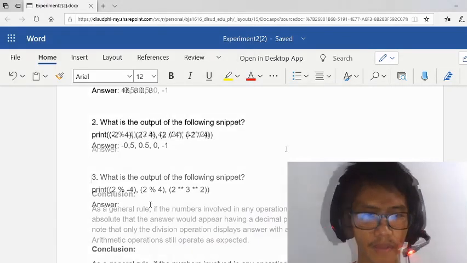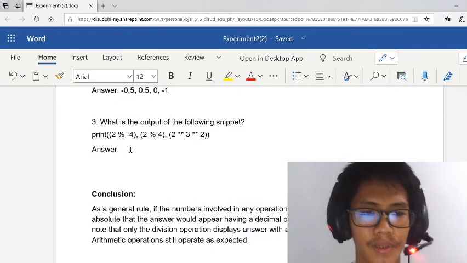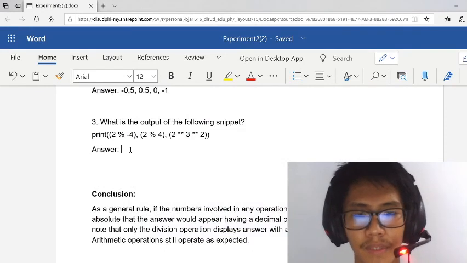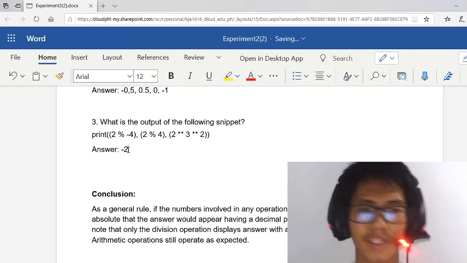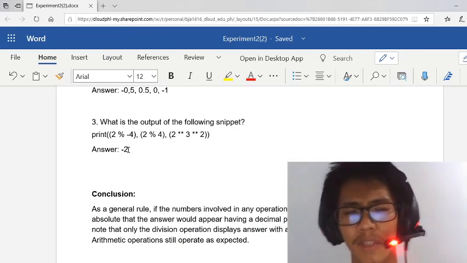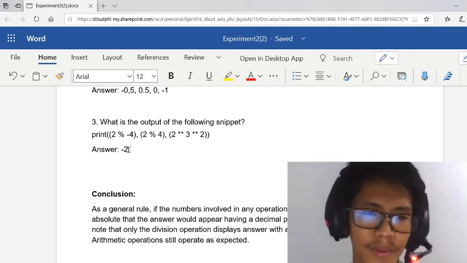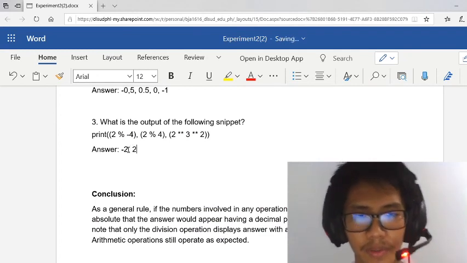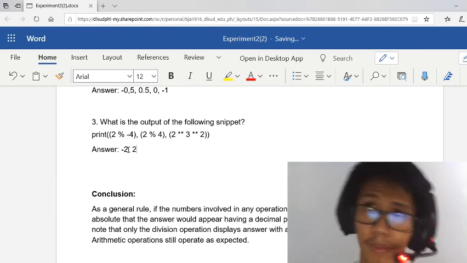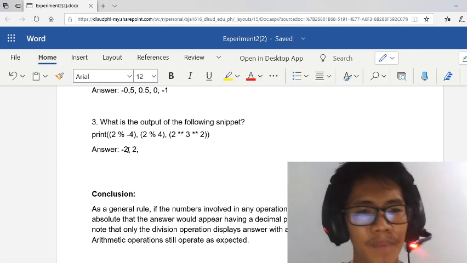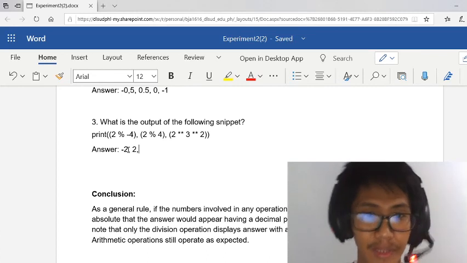So it's correct. For the third, 2 divided by negative 4 would give negative 2, because negative 4 times 1 would be negative 4, but 2, so remainder negative 2. 2 divided by 4, of course, remainder 2. Then 2 raised to 3 raised to 2.